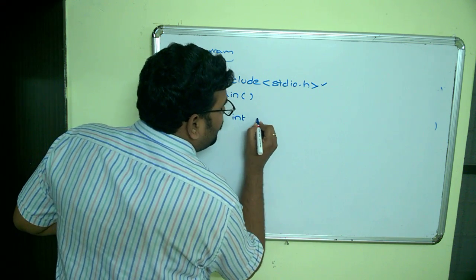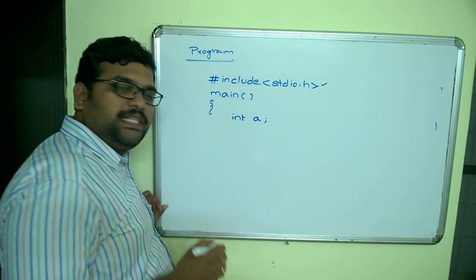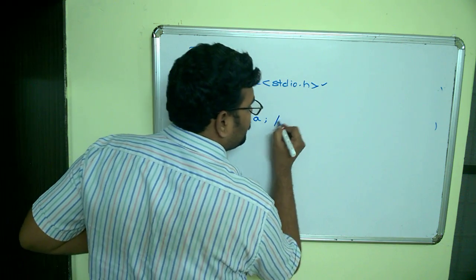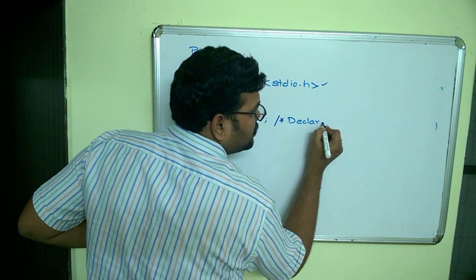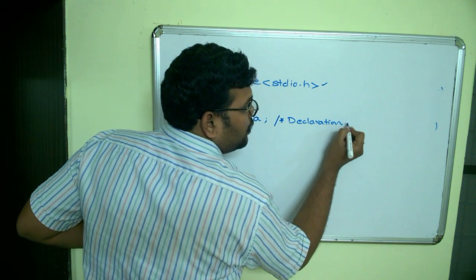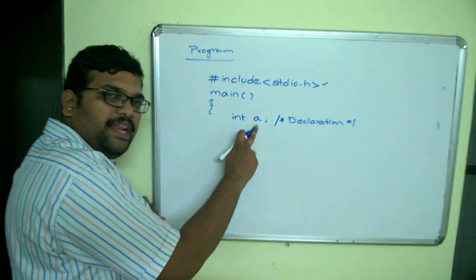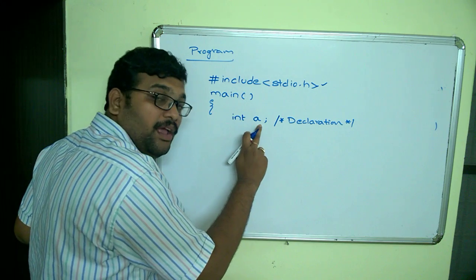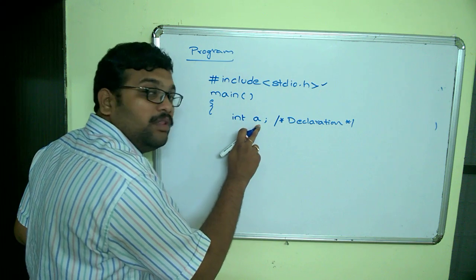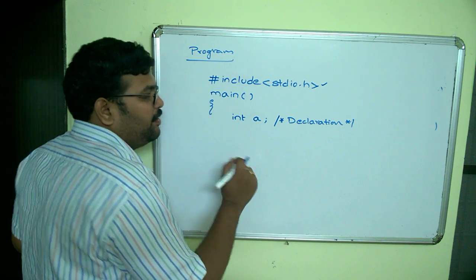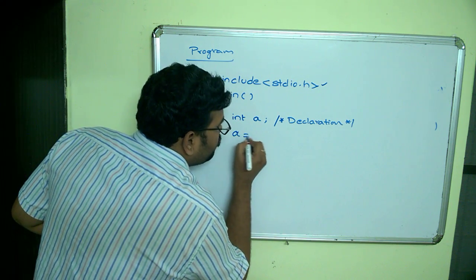Int a. This statement is a declaration. I am declaring a variable with a variable name a of integer data type. So a can hold integer data only. a is equal to 10.